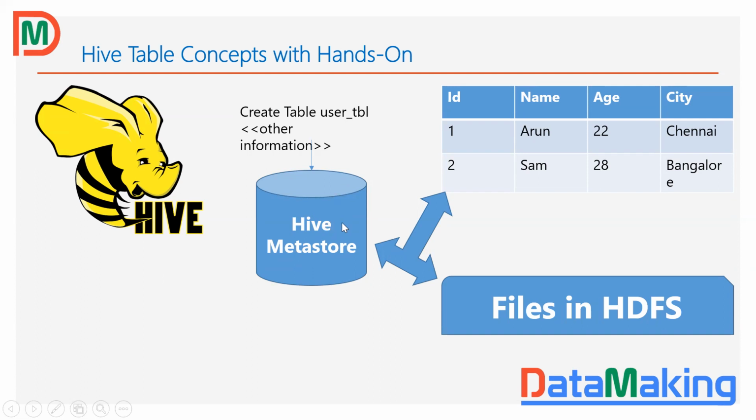By default it uses an embedded database called Derby to store your table metadata, but when you go to production, you will configure this metastore as MySQL or Postgres or any other database system. I will give you steps where you can configure this metastore as MySQL when installing Hive. We will have a file in HDFS and represent the file data as a table in Hive, and then we start querying it.